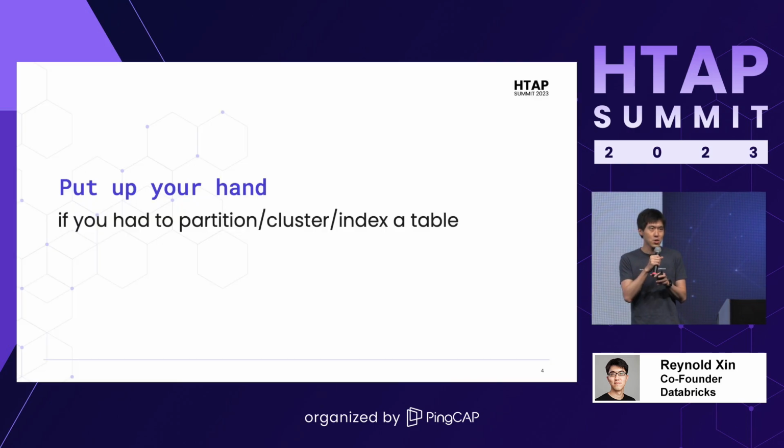Now, I just want to get a show of hands. Please put up your hand if you ever had to, if you use an analytics system, partition the data set, or cluster a column, or add an index to a table to speed up your queries. All right, virtually everybody. If you haven't, you probably haven't actually used anything for real.